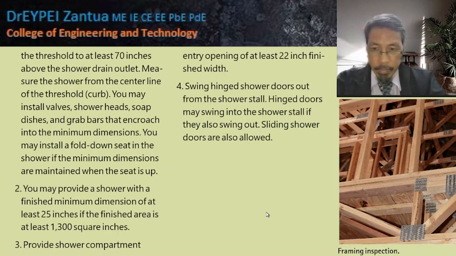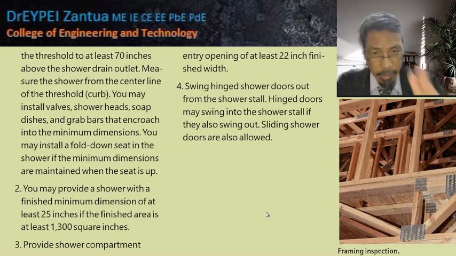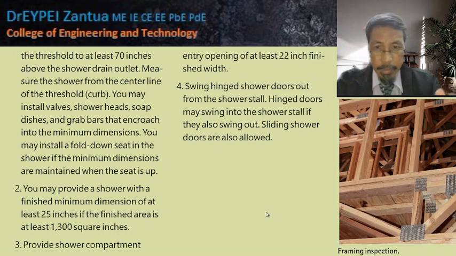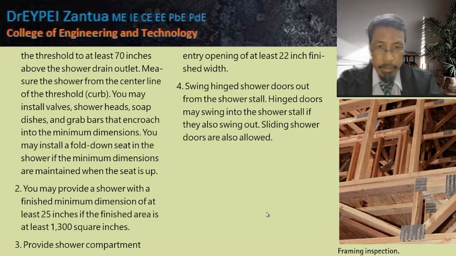Provide a shower compartment entry opening of at least 22 inches finished width. Swing hinged shower doors out from the shower stall. Again, there is a corresponding provision in the country. Hinged doors may swing into the shower stall if they also swing out.